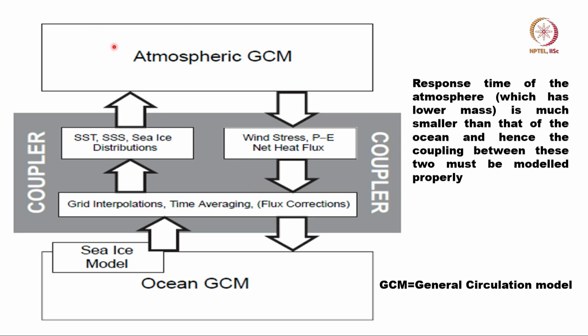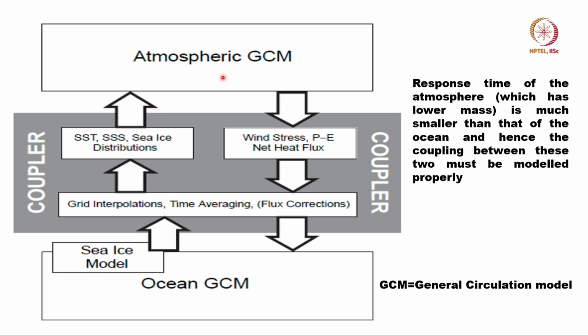You have the atmospheric model at the top, the ocean model at the bottom, which takes into account all the circulation that occurs due to winds in the atmosphere and the ocean. Then we have to couple changes in the ocean to change the atmosphere through changes in sea surface temperature, sea surface salinity, sea ice, wind stress, wind acting on the ocean, rainfall, evaporation, and the heat transfer. Okay, all these do the interaction between the ocean and atmosphere.